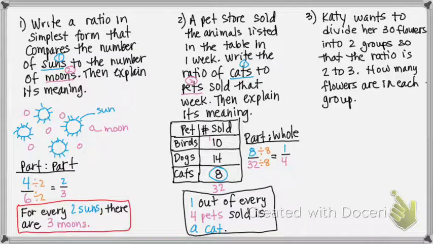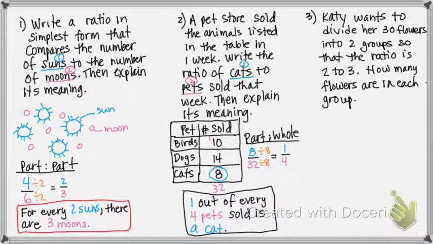All right, this last one is the weird one. Katie wants to divide her 30 flowers into 2 groups so that the ratio is 2 to 3. And then it says how many flowers are in each group. Somehow we've got to split those numbers in such a way that when I simplify the ratio, I get 2 to 3. Here's the trick on how to do this.